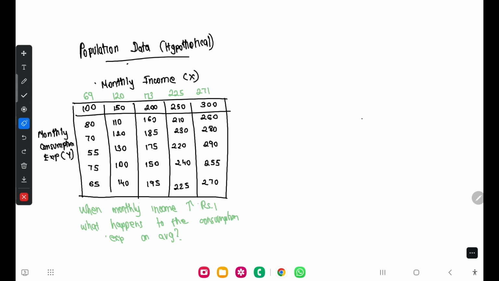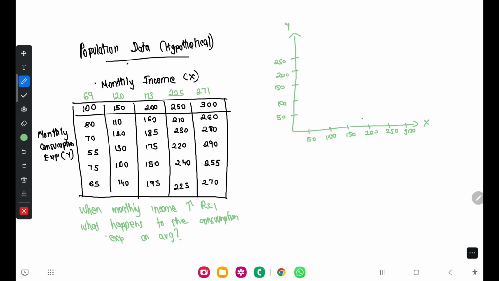Now if I go and plot this in a scatter plot, it will look like this. So here we have the x and y variable. Up to 300. Again here 50, 100, 150, 200, 250 and 300.